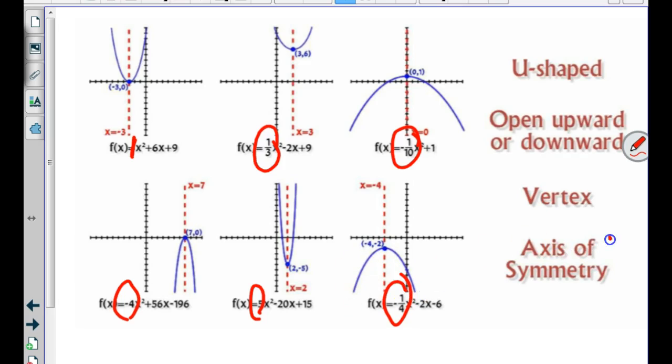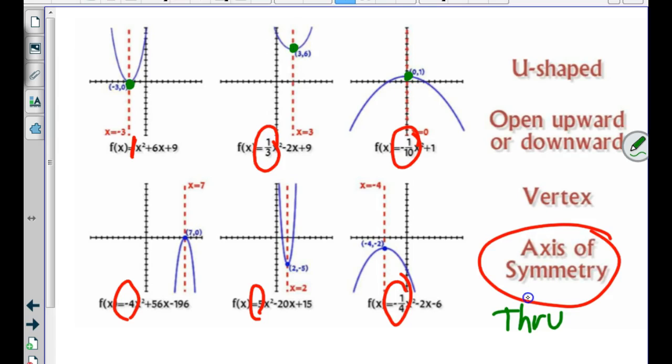The other thing I want you to notice is, where's the axis of symmetry? The line through the middle always goes through what? Where's the axis of symmetry go through? It does cross the x-axis, but on the parabola it goes through the vertex, right?